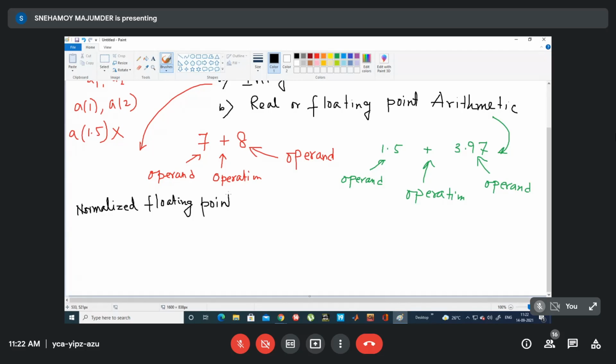Floating point mode, let me explain first. You understood these two, integer and real or floating point arithmetic? Actually floating point means real, that is it must have a decimal. It has a characteristic and a mantissa, but in case of integer you don't have any decimal point or mantissa.